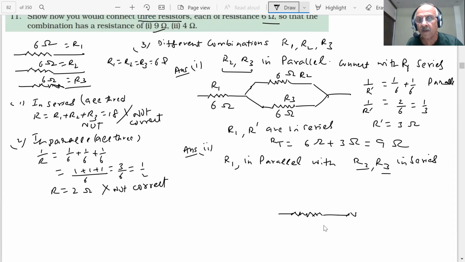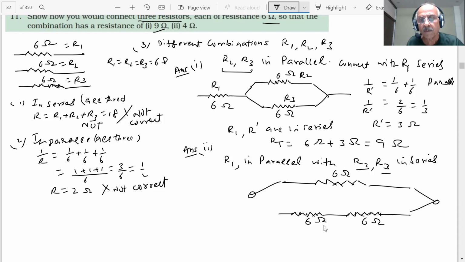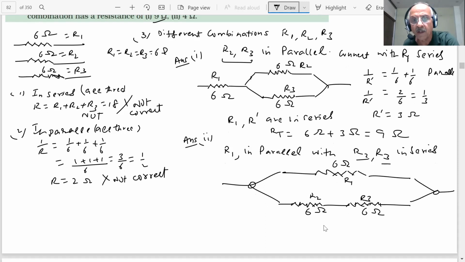R2 is 6 ohms and R3 is 6 ohms, students. They are in series. And you have R1 as 6 ohm. What is going to happen, students? Find the value of these two. This is my R1, R2, R3, students.